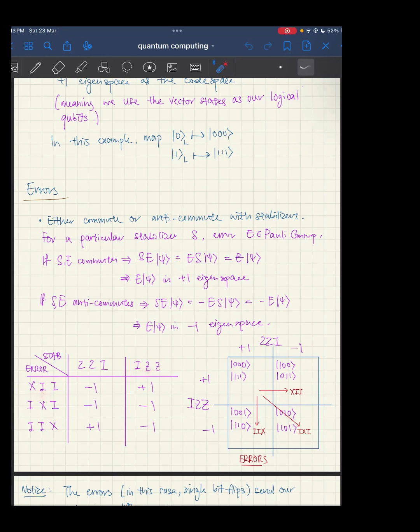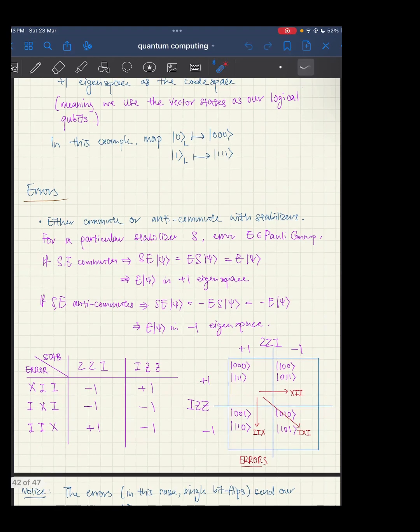I commutes with Z, and the second I also commutes with Z. So this sends the code into the +1 eigenspace of IZZ, which is over here. Combining these two, we get that the final code will be in this eigenspace over here. And we can do the same for the other errors.